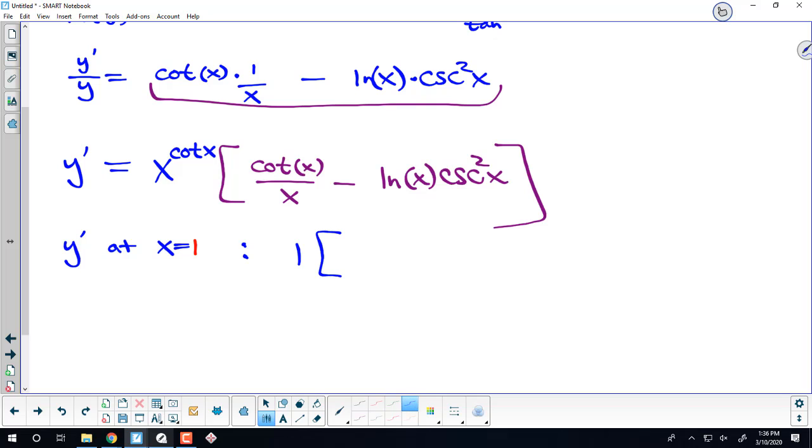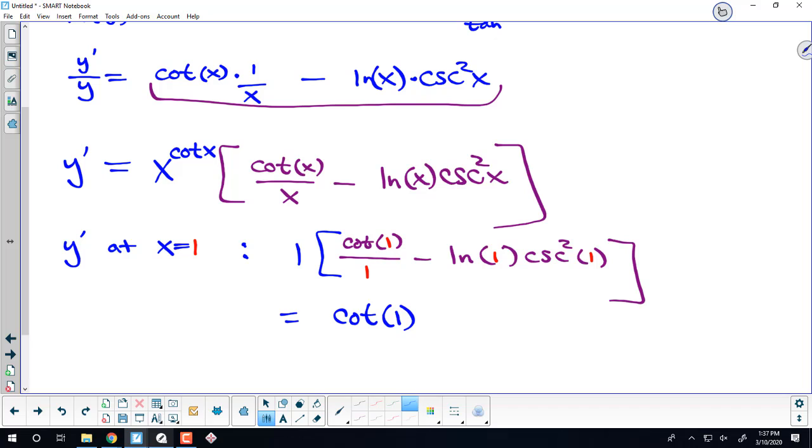We have cotangent of 1 here over 1, minus the ln of 1, which is going to zero all this stuff out. So we have cotangent of 1 minus 0 times 1, and that just gives us cotangent of 1.